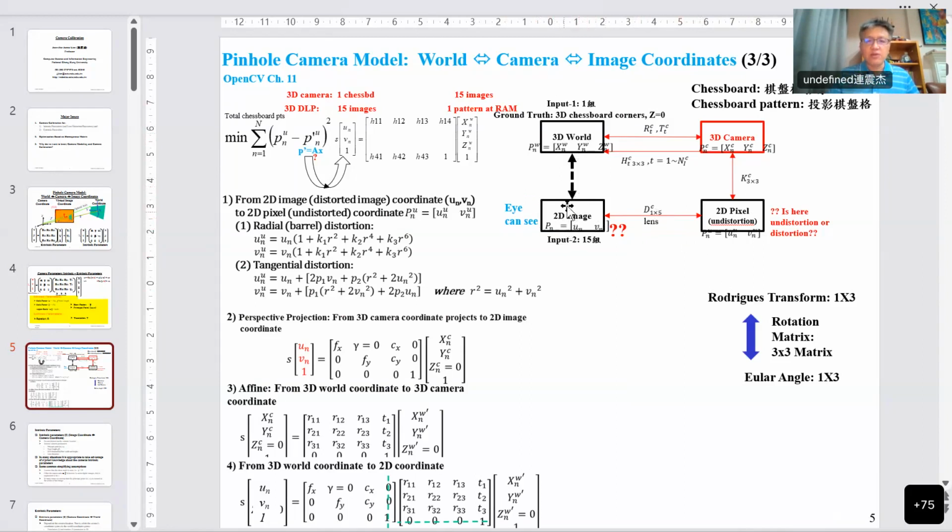We need to recover the distortion parameters, then project from 2D to 3D, and then apply the rotation and translation to get the real object. So our purpose for calibration is to calculate all the extrinsic, intrinsic, and distortion parameters.